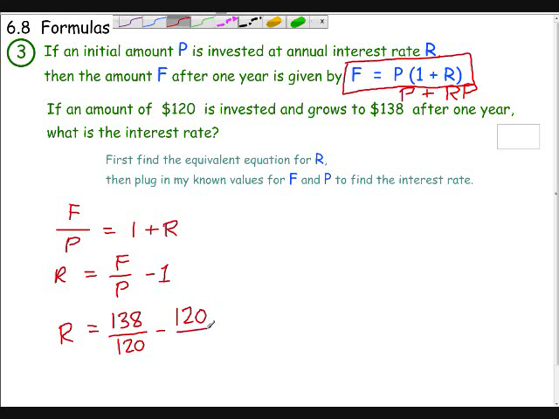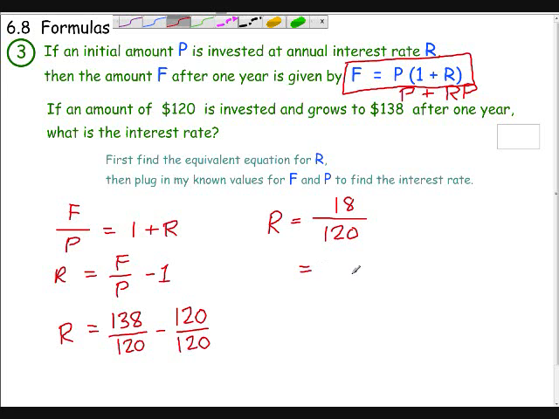And I'm going to write it as 120 over 120. Why? Because I need to have a common denominator. So my rate is equal to, let's see, 138 minus 120, 18 over 120.